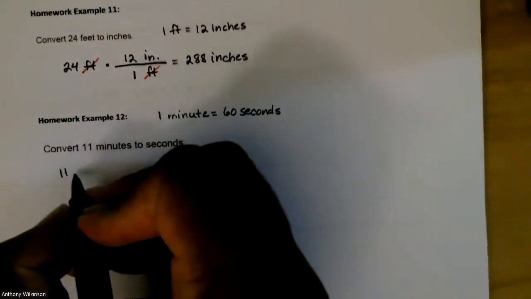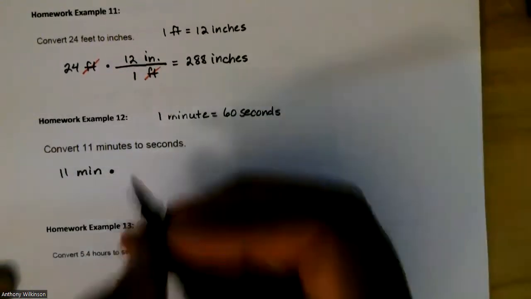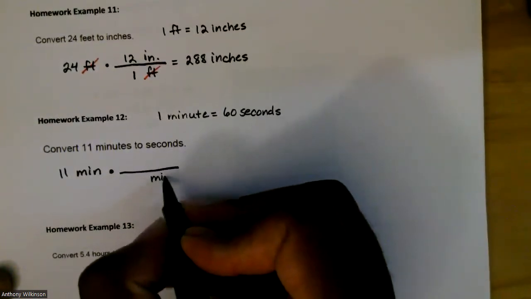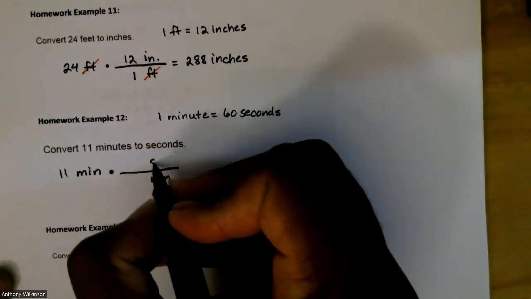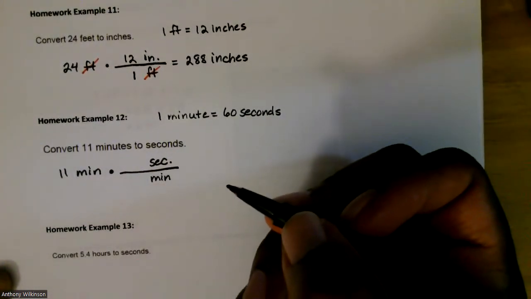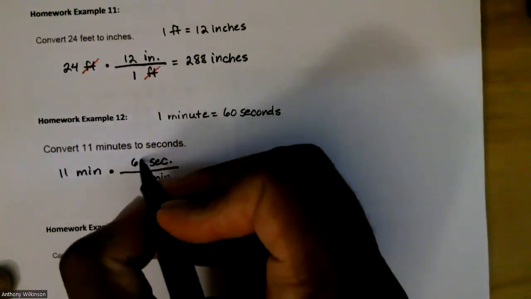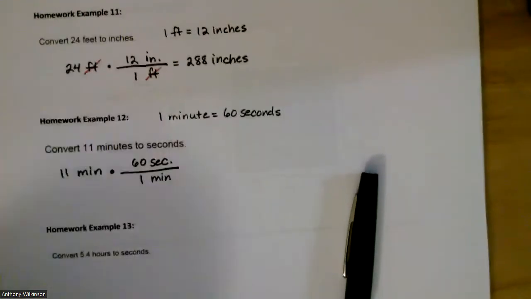So if we want to convert minutes to seconds, these 11 minutes will be multiplied by what we're converting from goes in the denominator. We're converting from minutes, that goes in the denominator, to seconds, seconds goes in the numerator, and we put the corresponding values for those units. 60 seconds, the 60 has to go in the numerator. 1 minute goes in the denominator.